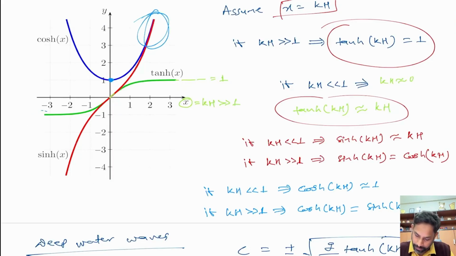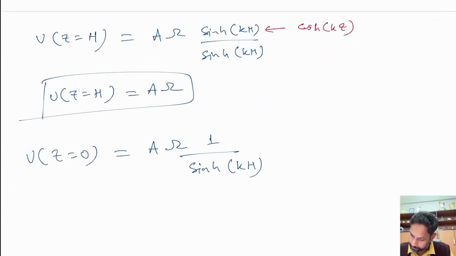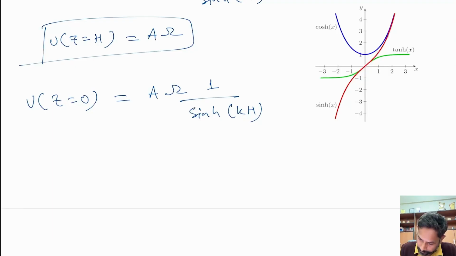So I can also copy this figure. Sine hyperbolic of KH is much greater than 1 for KH much greater than 1.